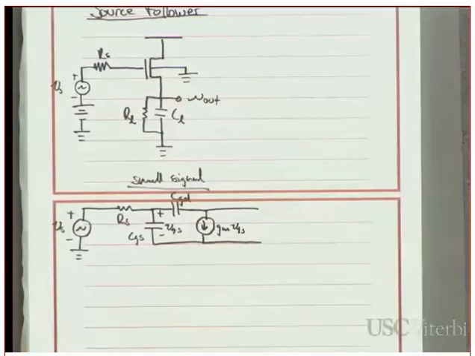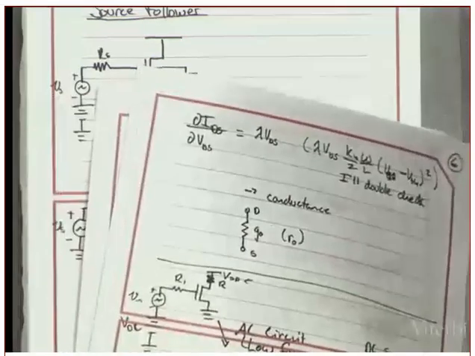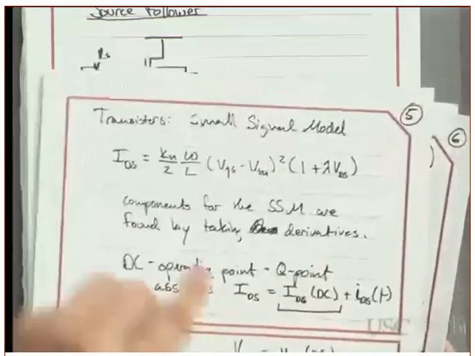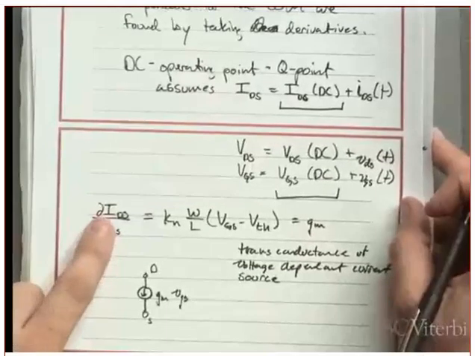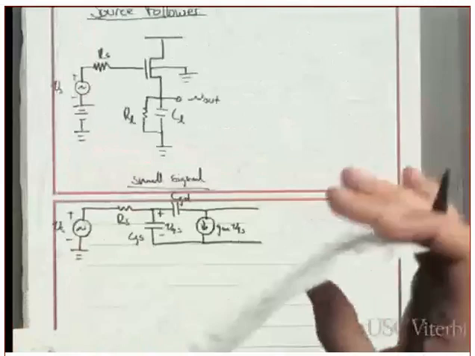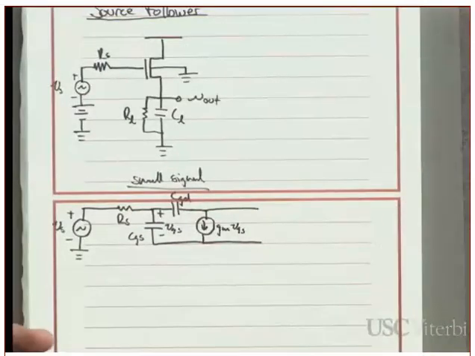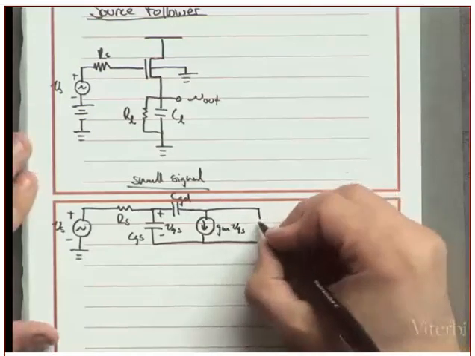Just like back here where I started taking these derivatives, dIDS/dVGS, the threshold voltage actually depends on the bulk voltage. So the bulk voltage actually creates another generator.